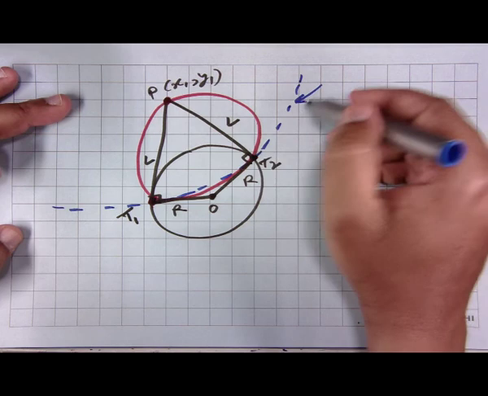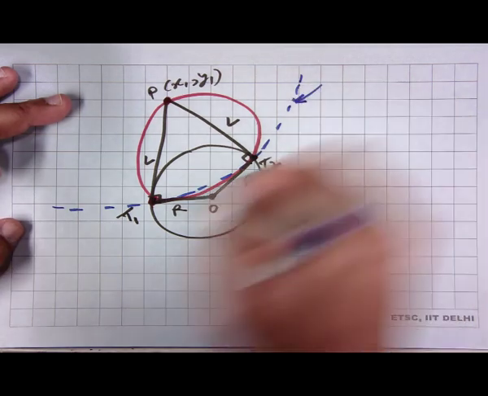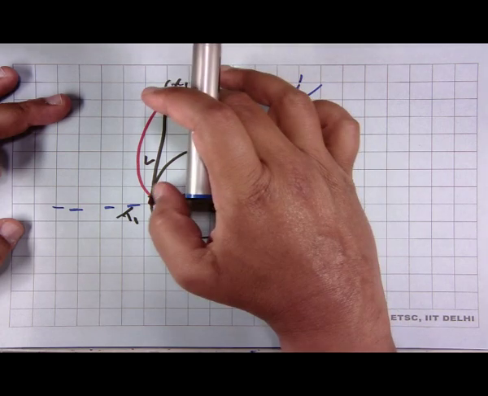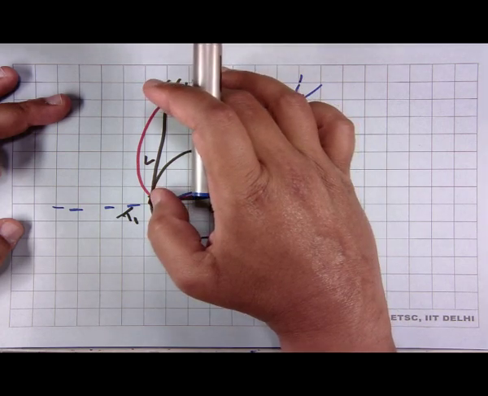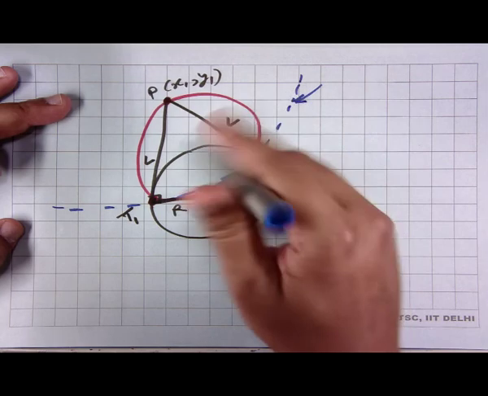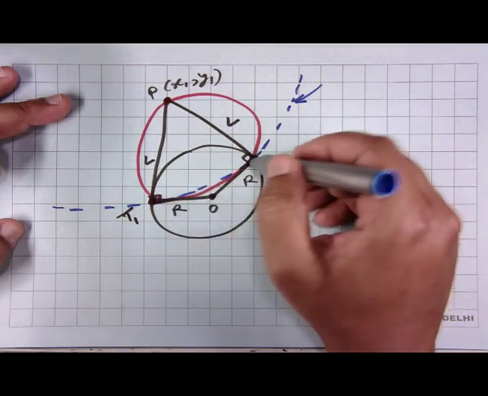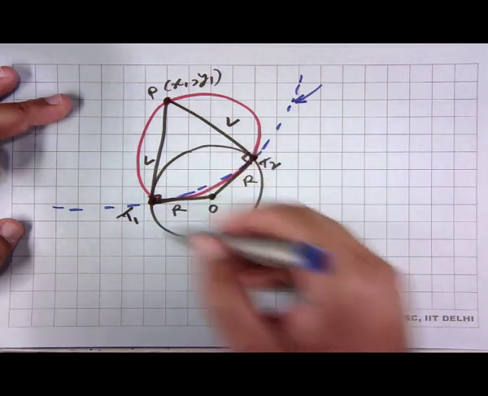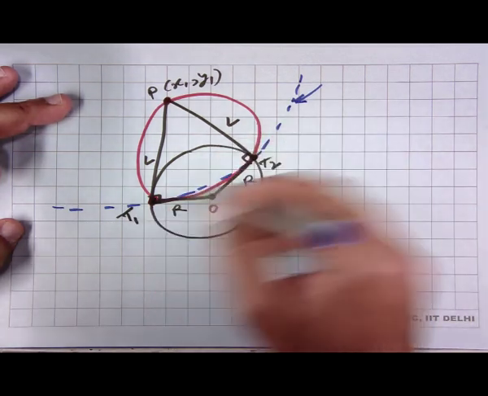So, this circle in blue has its center at P and a radius equal to L. So, clearly this circle in blue passes through T1 and T2 and it intersects the given circle in black at T1 and T2.